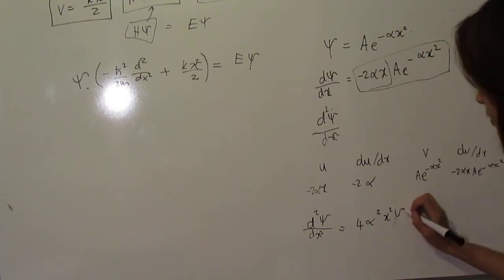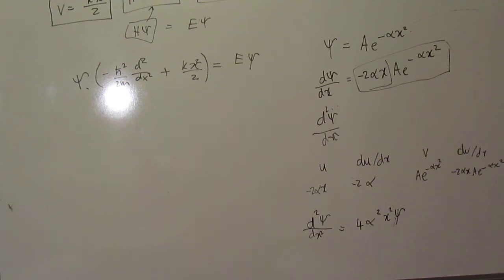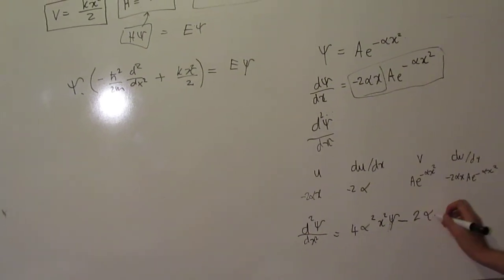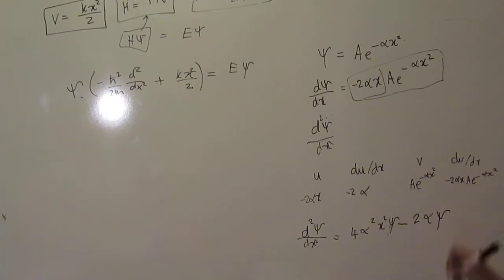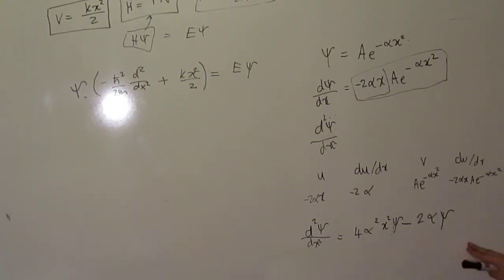So if I simplify things and just make it a psi here, and then take away 2 alpha, and this also equals psi, so I just put in psi, and that's the d squared by dx squared.